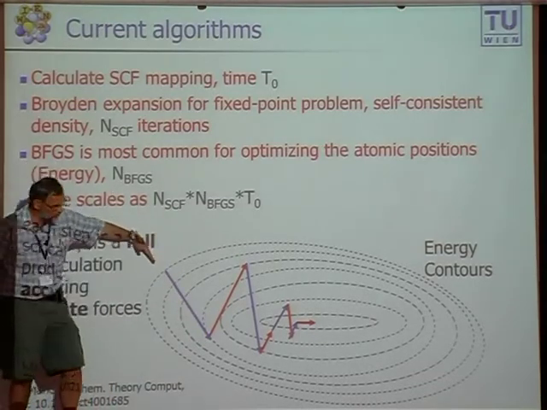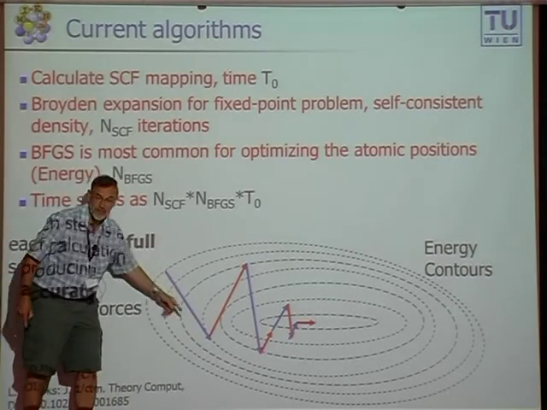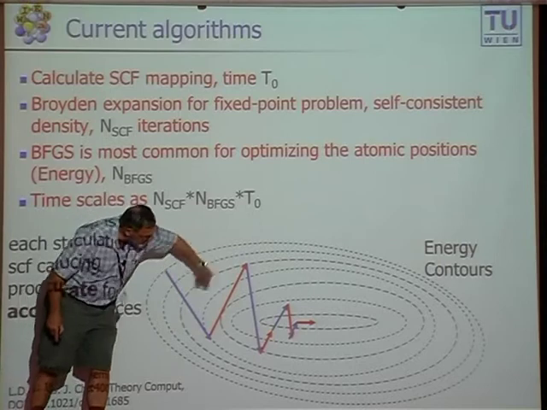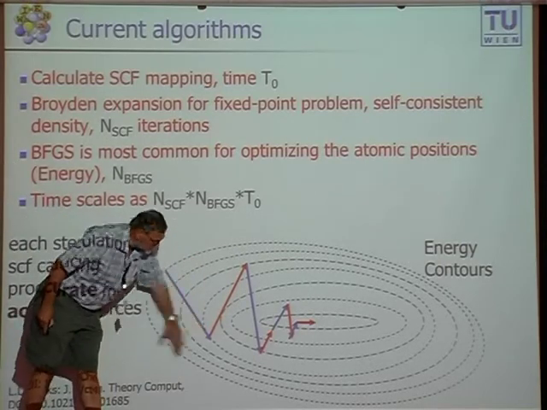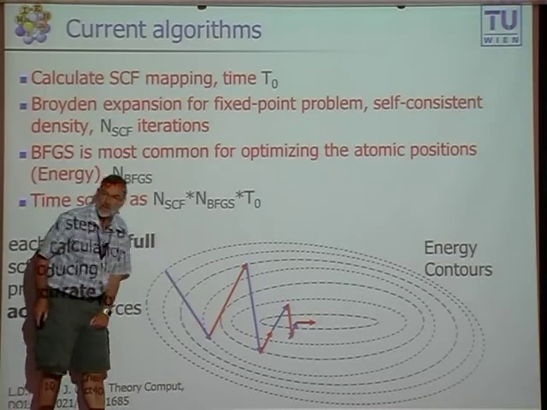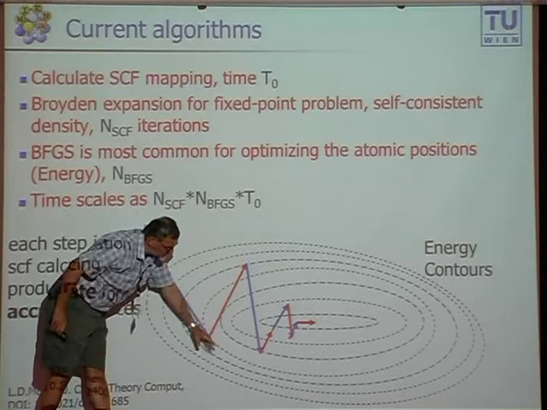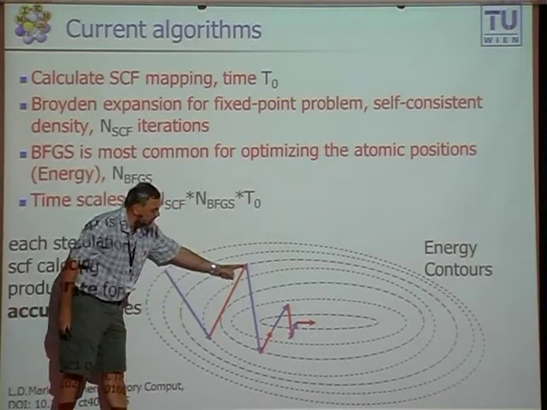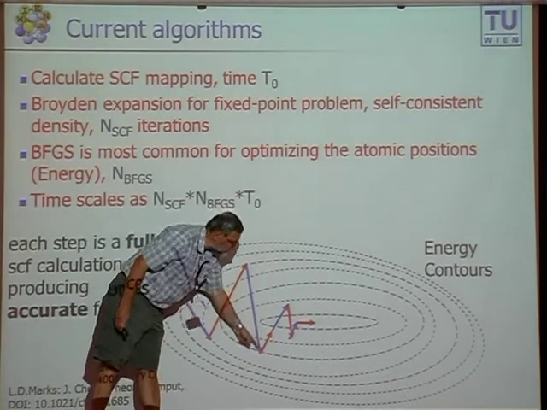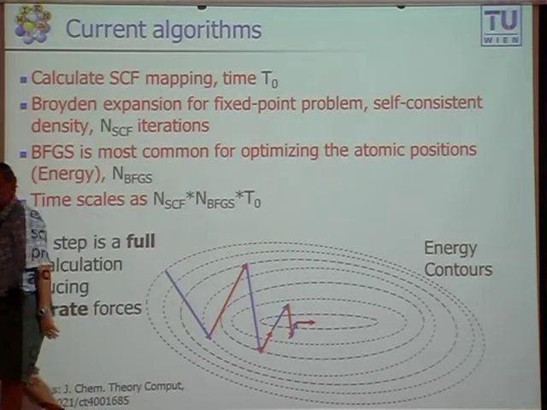We only know we should go in this direction. But whether we should go here or here or here, we have no idea because we don't know these contours, right? So we go somewhere, and then make the second calculation. The force, again, is the derivative of this energy. So it goes up maybe, and if I move it too far, I go like this, and I may go oscillating. If I'm clever, then after some steps, I find my minimum.